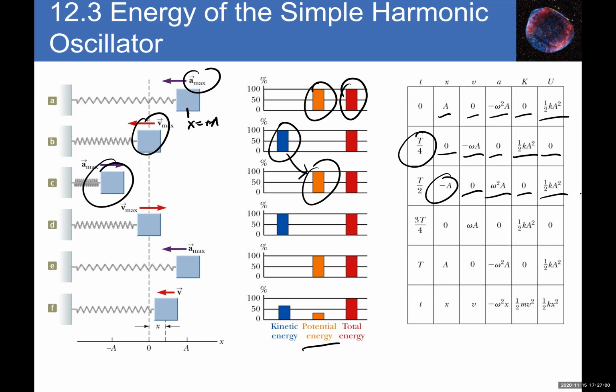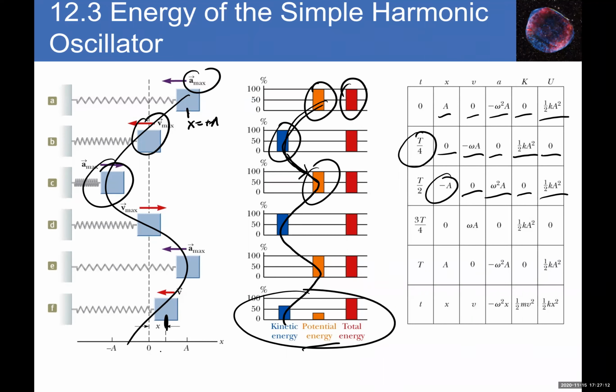And back and forth, so it oscillates like this, with conservation of mechanical energy from potential to kinetic, then potential to kinetic, or somewhere between if you're not at those extreme points. This chart helps you see those extreme points.